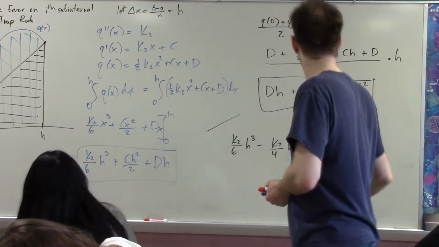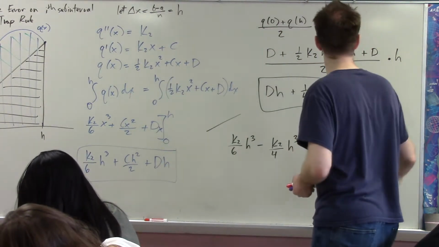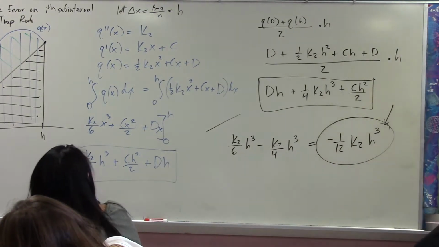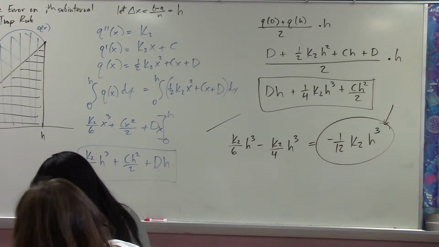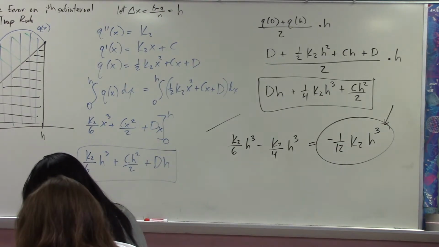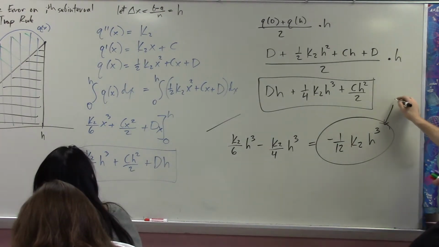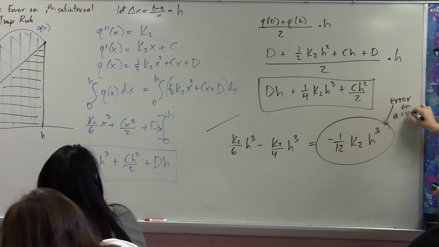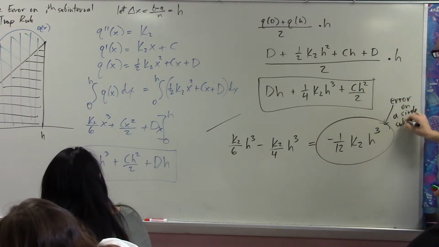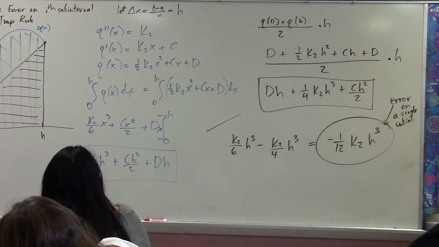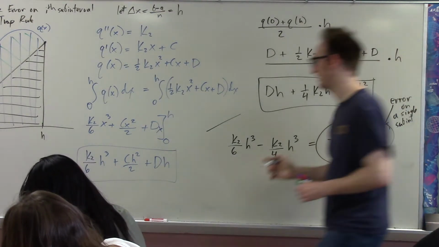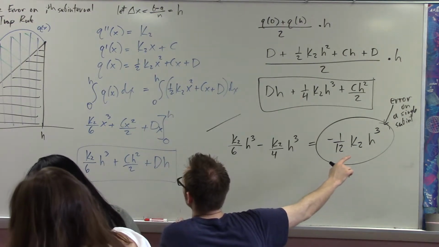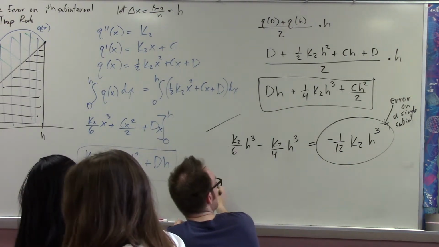If you're still following this, what does it represent? That is the error on a single subinterval. So now to get the total error, I multiply by n.